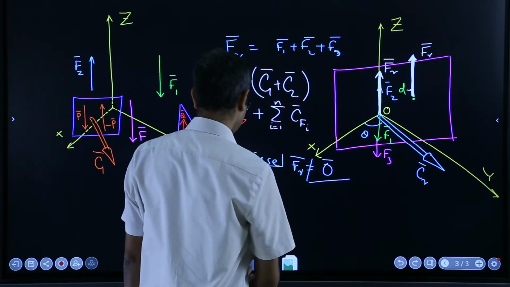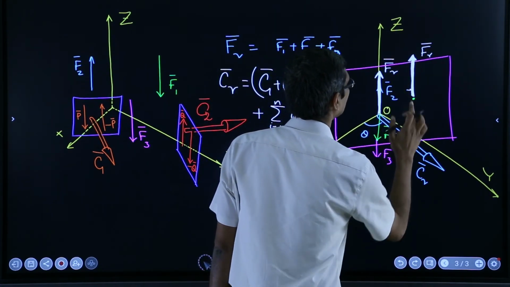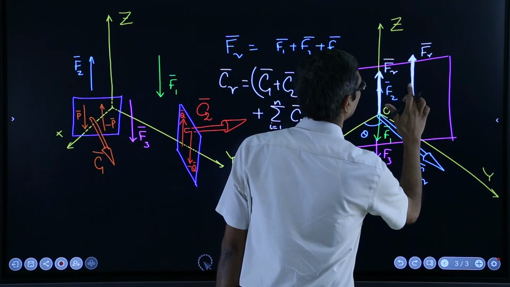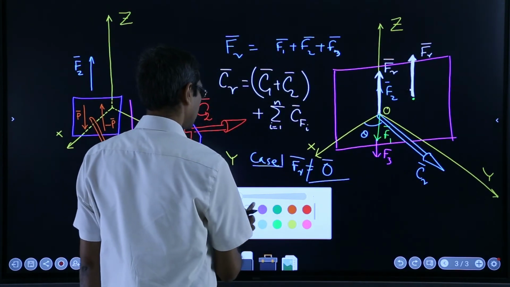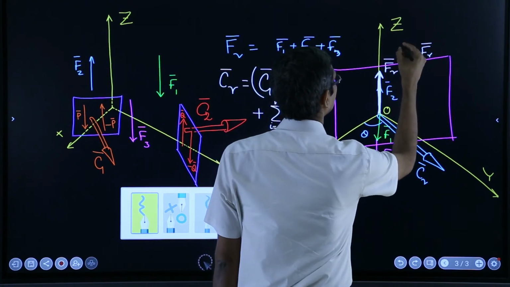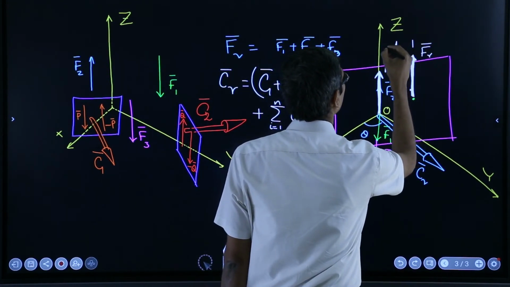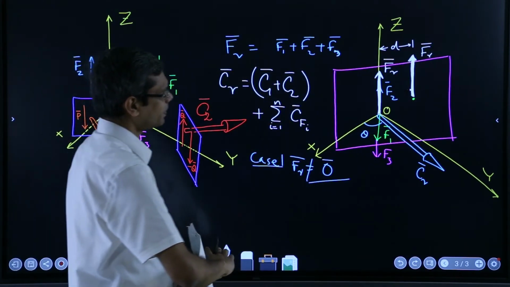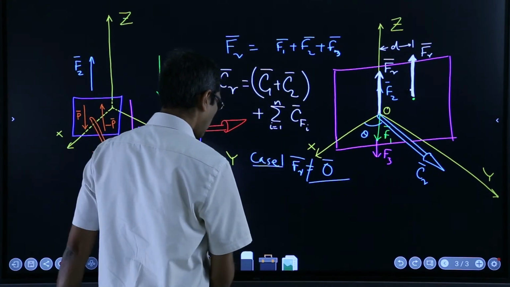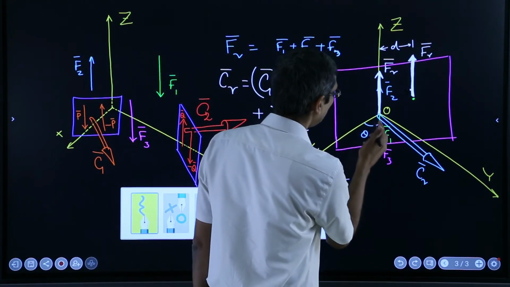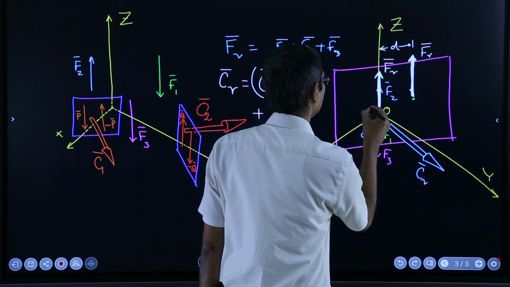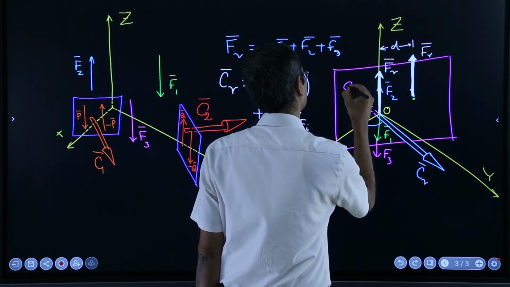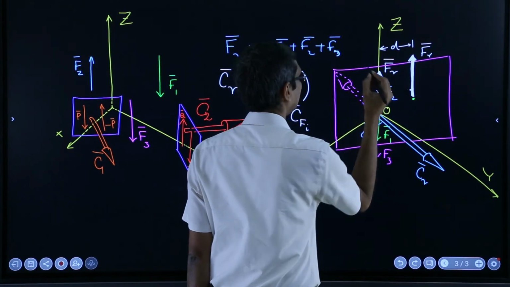Let me draw it somewhere else. Say this distance is d. Then we are getting a compensatory couple moment which will be exactly in the opposite direction, like this.